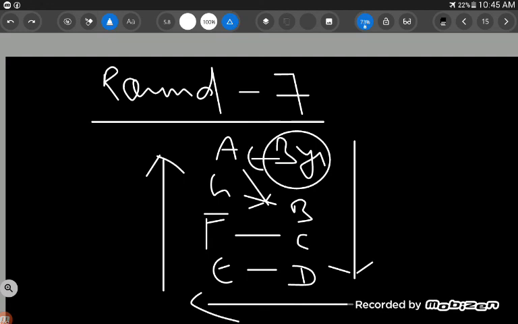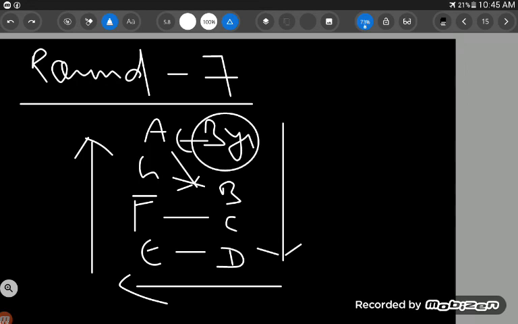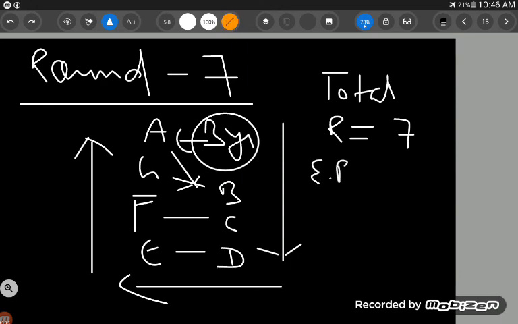How many matches will be held in the last round? 3. Means total matches you will calculate. You are also the judge, so you calculate the matches. Total number of rounds is equal to 7, and each round total matches 3.